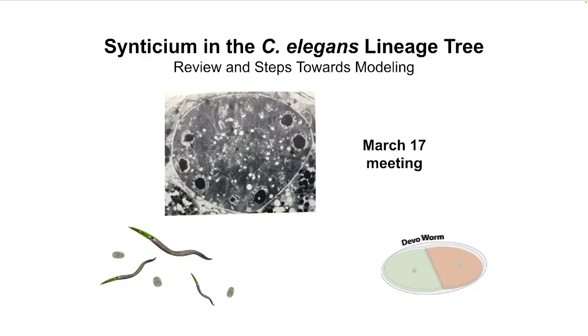We've also done a lot of work in terms of looking at C. elegans syncytium. So C. elegans has a number of syncytium in the biology of the adult C. elegans. What a syncytium is, it's a group of cells that, of course, we know from the lineage tree that cells divide in development. But at some point, for some structures, the cells fuse back together and form what they call these syncytium, or single cell bodies with multiple nuclei.